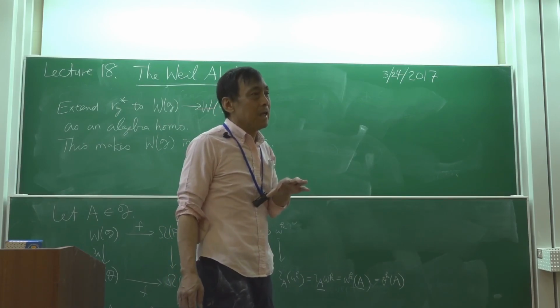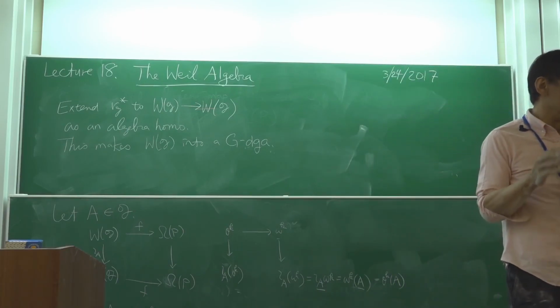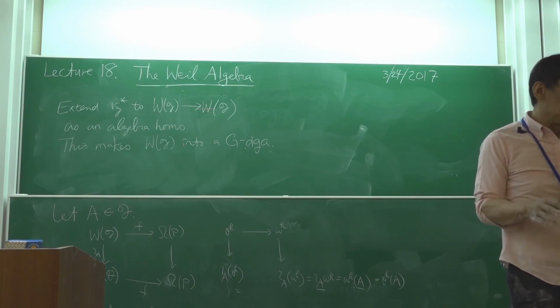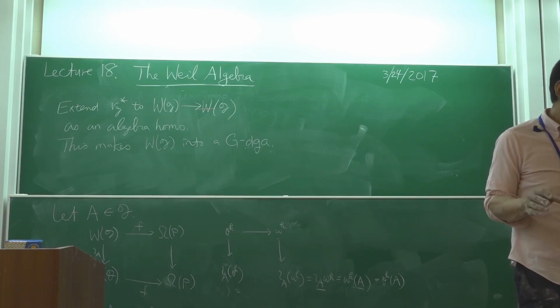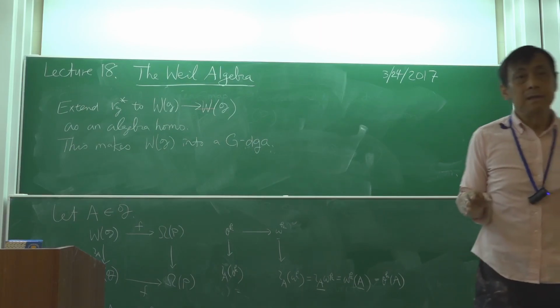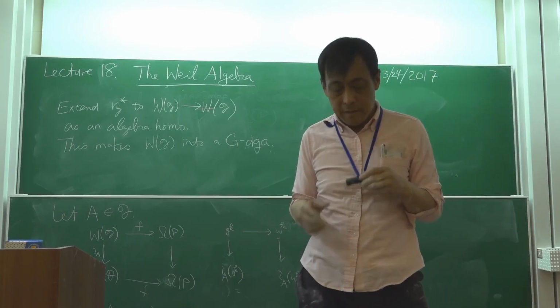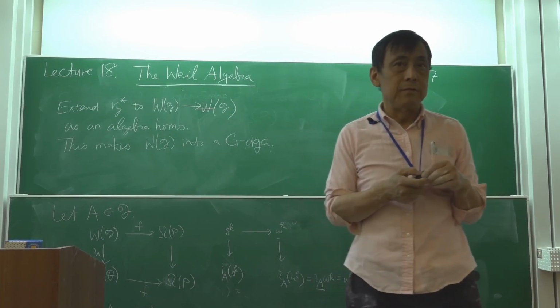Okay. And then the theorem will be that that algebraic model actually gives you equivariant cohomology. Okay? And that's the equivariant de Rham theorem. Okay, so we will continue next time. And next time we will compute the cohomology of the Weil model.